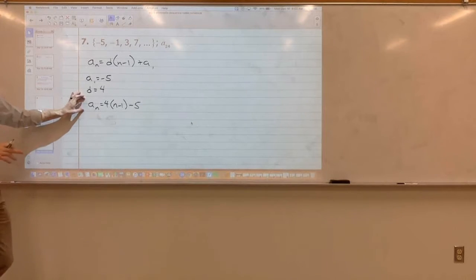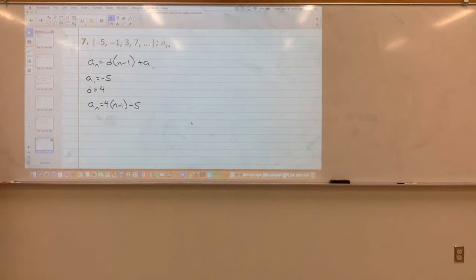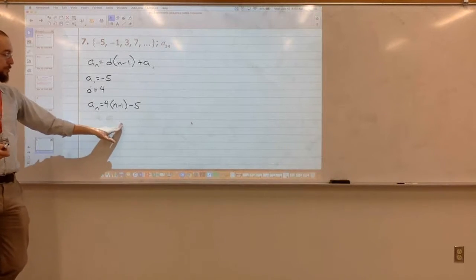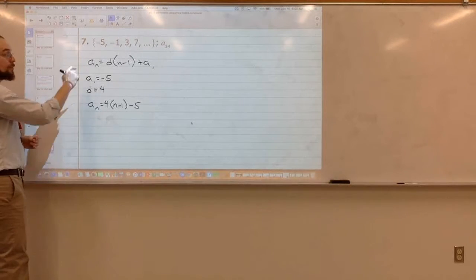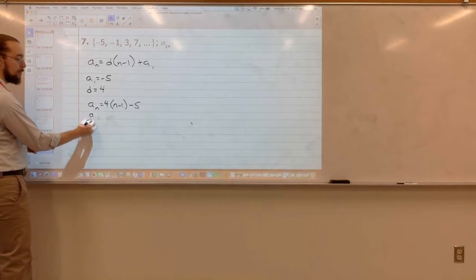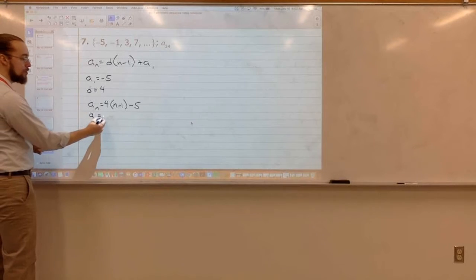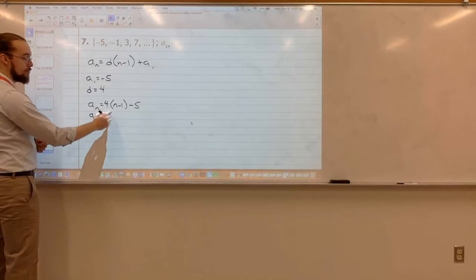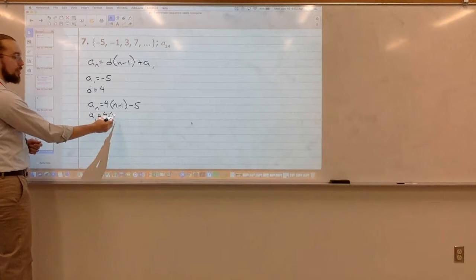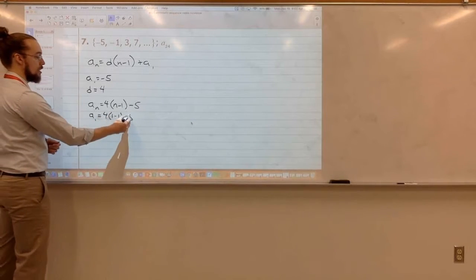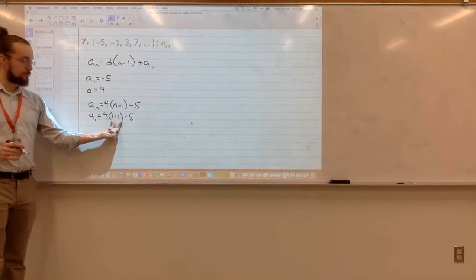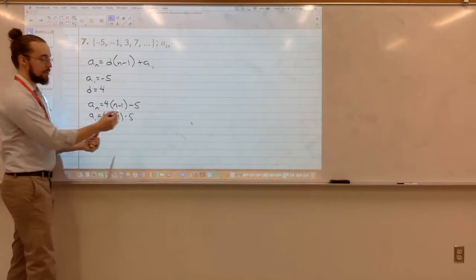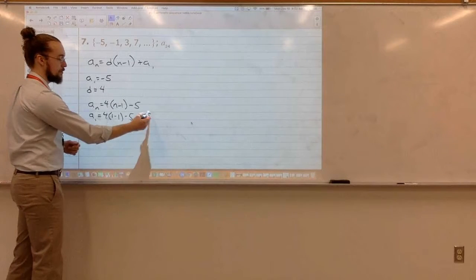Now this rule will get me any number in my sequence. We can just double check it here. We don't need to do this every time, but just to show you guys what we're doing. If I want the first term, I can plug 1 in and say a sub 1 is equal to 4 times, and I'm going to plug that 1 in for the n, so (1 minus 1) minus 5. So we get 4 times 0 minus 5, which would just be -5.